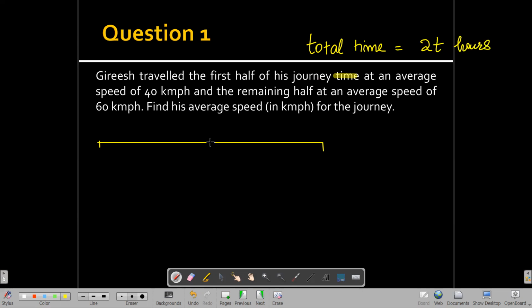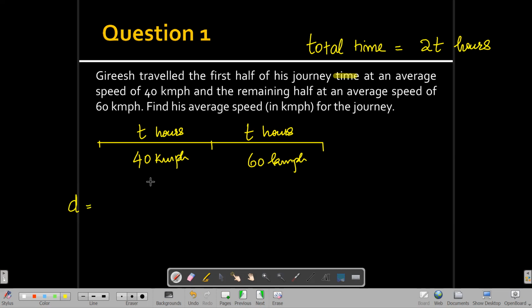Then you can see that the first t hours are covered at an average speed of 40 kilometers per hour, and the remaining half, that is the next t hours, is covered at the rate of 60 kilometers per hour. You know that distance is equal to speed into time.